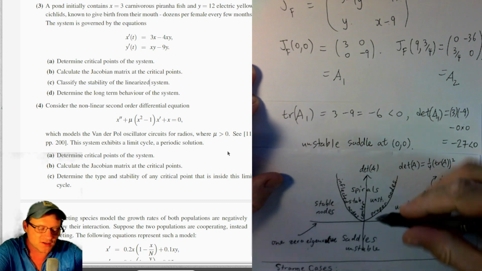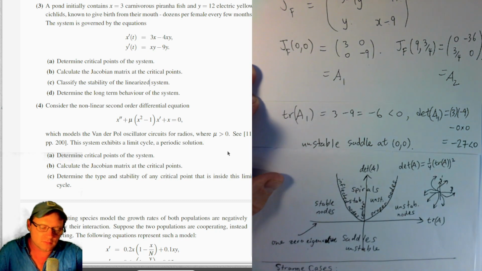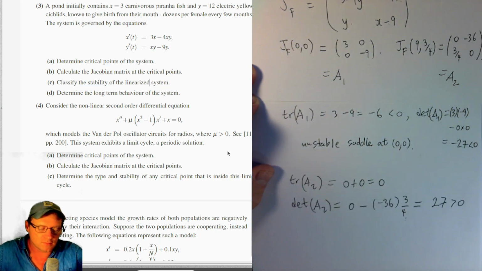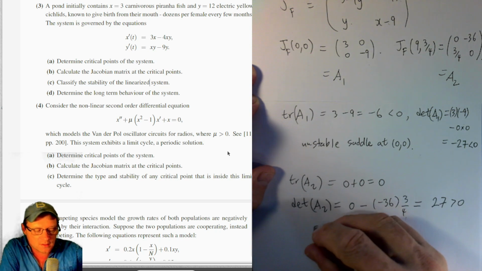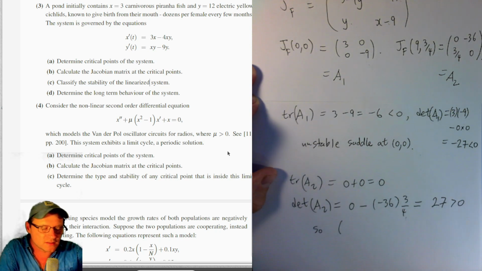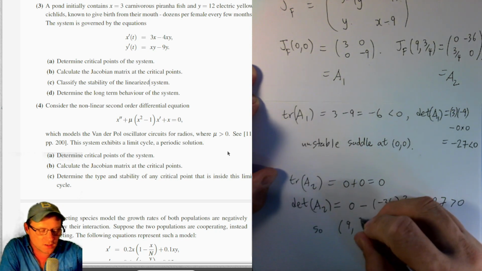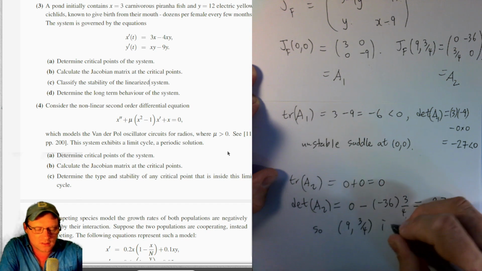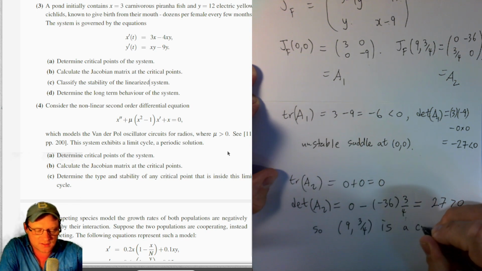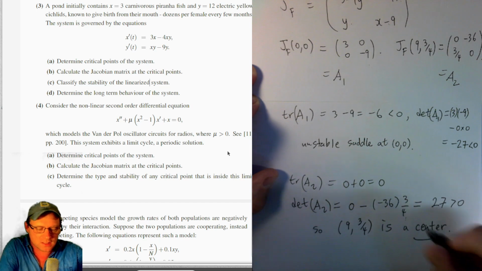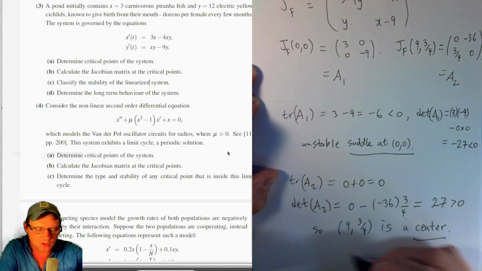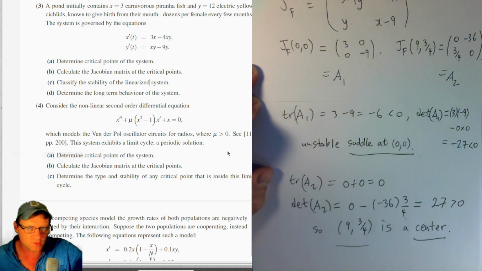That's called a center. So the point (9, 3/4) is a center. So we found a saddle at (0, 0) and a center at (9, 3/4).